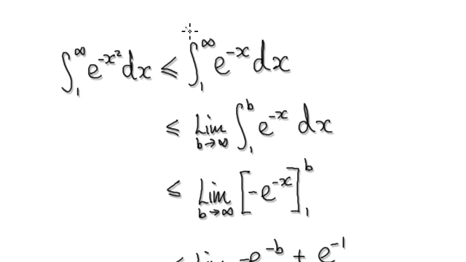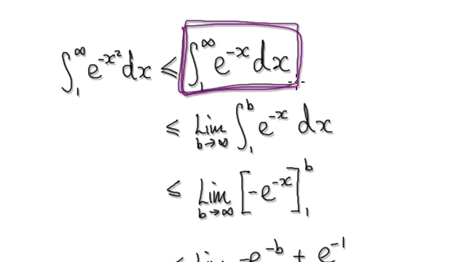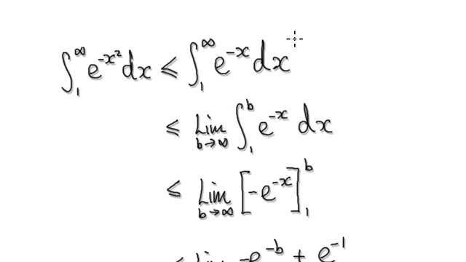Now we know that this thing here will converge. We've done it many times in the past, but let's just pretend you don't know it. To integrate this, we are going to integrate it from 1 to b, and then later allow b to head towards infinity.